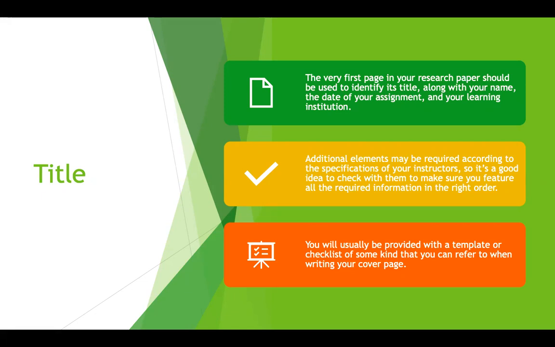You will usually be provided with a template or checklist of some kind that you can refer to when you are writing your cover page or title. When you are constructing the title page of your thesis or research project, the requirement is entirely different. You have to mention the date, the name of the institute, and the name of your degree.